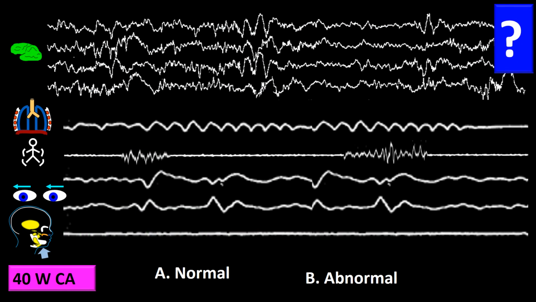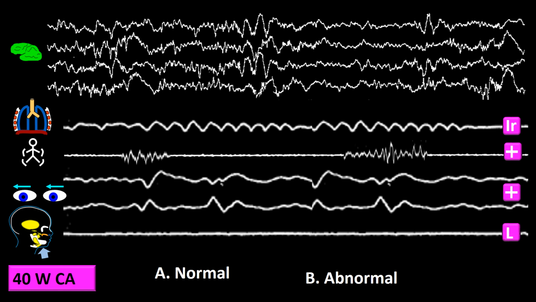Next question. Please take a look at this frame and decide whether the activity is A, normal, or B, abnormal. The first step to answer this question is to determine the behavioral state of the epoch. Breathing is irregular. Limb movements are positive. Fast extraocular movements are present.